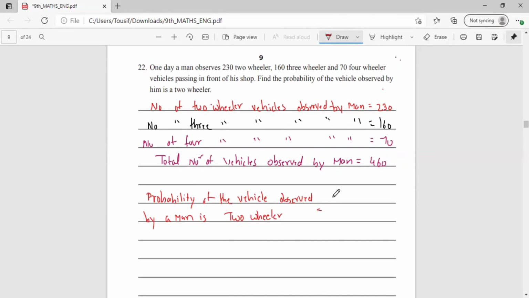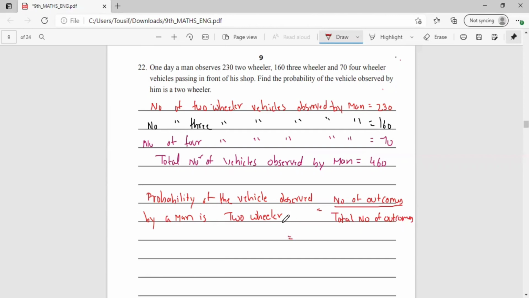The formula is number of favourable outcomes divided by total number of outcomes. So what is the number of outcomes for the two-wheeler vehicles?